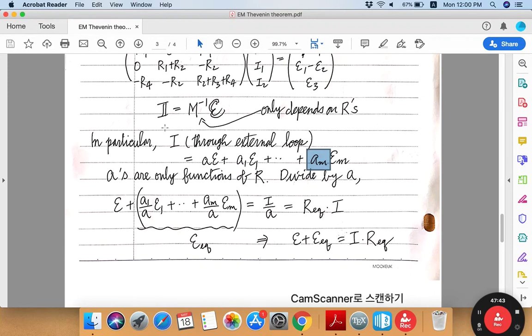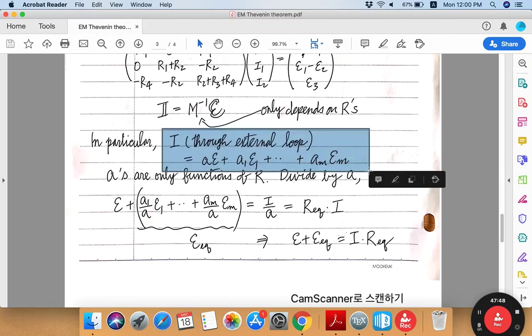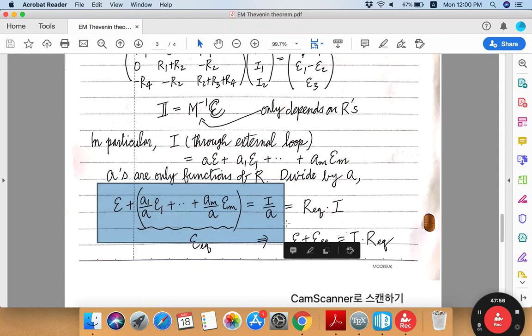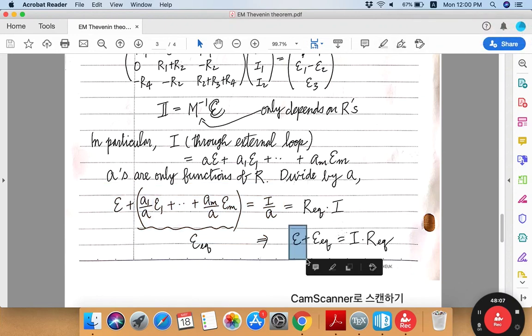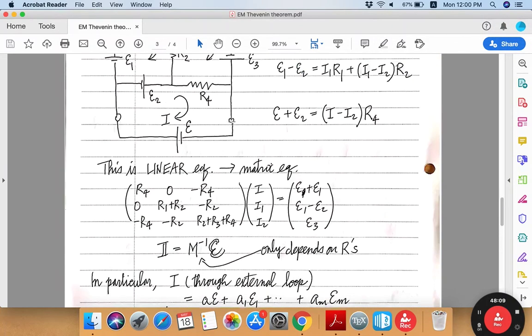Okay, so now I'm gonna divide this equation by A, which will then give me this. So this is a simple rewriting of the previous equation after dividing by A. Now this equation has the general structure of the epsilon, which is the EMF of the external source over here.